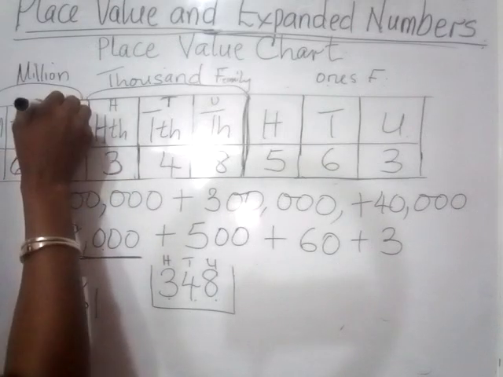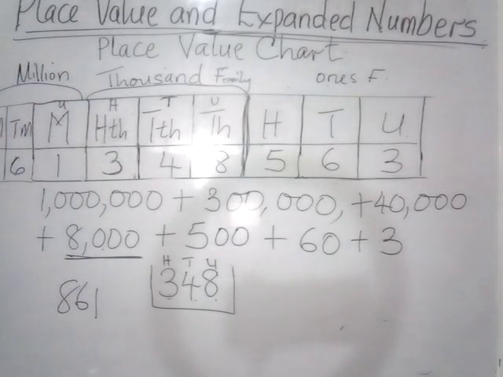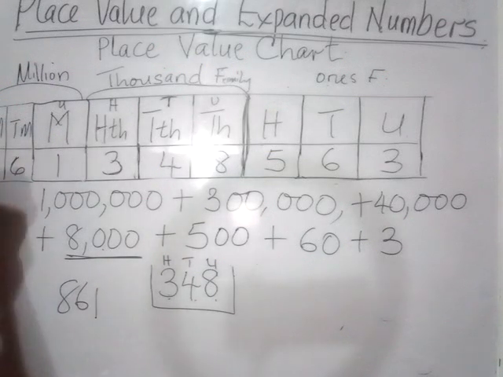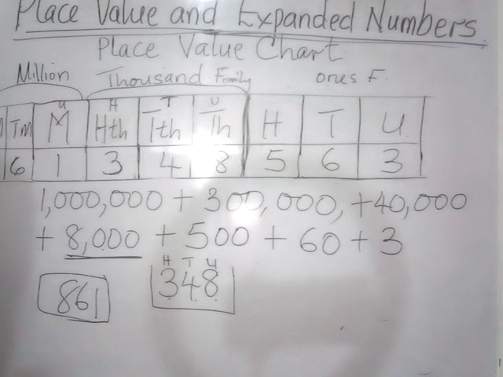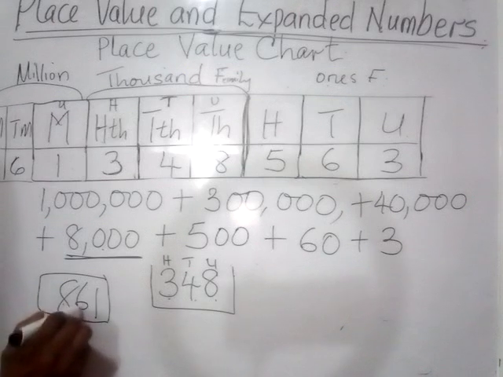Remember, you have units of million, tens of million, and hundreds of million. So the 3 of them combine to form the family of million. So if you want to call this number 861, I tell my kids, how would you call this number if you see it isolated without being attached to any million or thousand? What's the name of this number, 861?